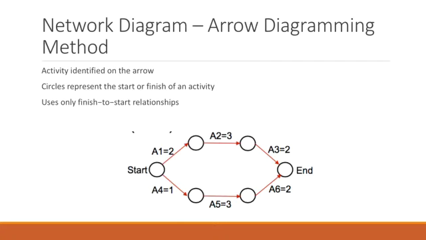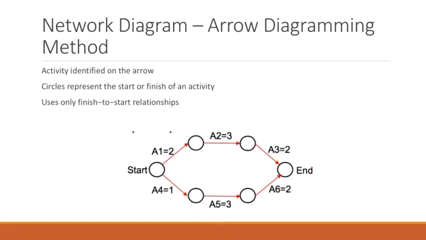It's also called the arrow diagramming method, and only the activities that have dependencies are included in this method. So think about whatever project you proposed in assignment number 1. Think about all the different activities you would identify for that project. Now think that only those that actually have some dependencies are the ones you are going to identify here.